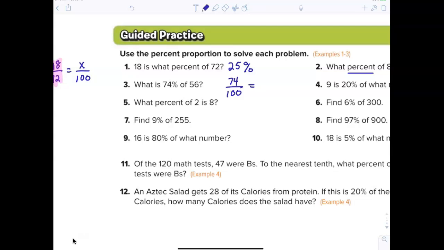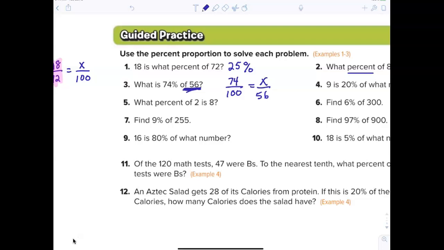Are we looking for the part or the whole? Yeah, we're looking for the part, so it would be x over 56. Notice the of. If you think about it as is over of, you know it's x over 56. So we're okay with that?